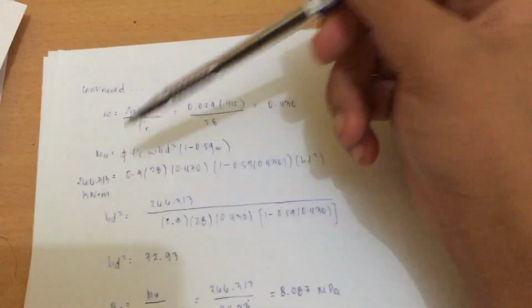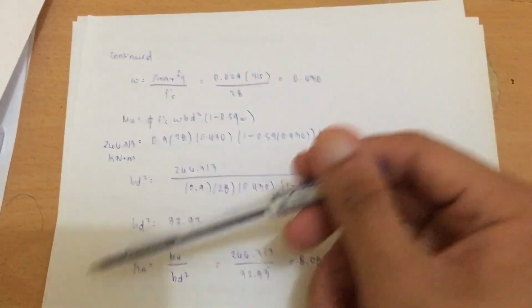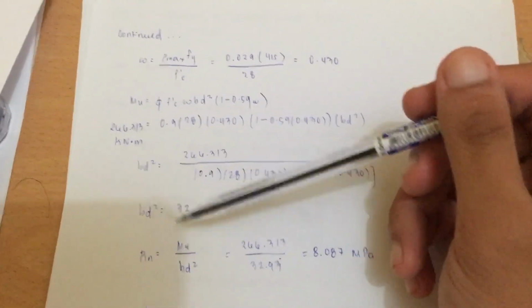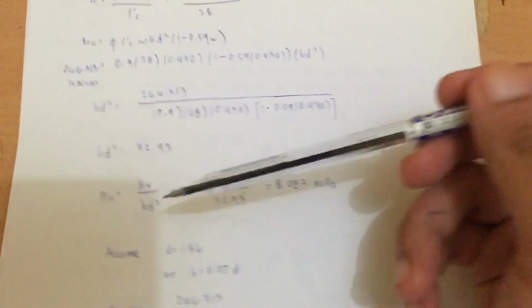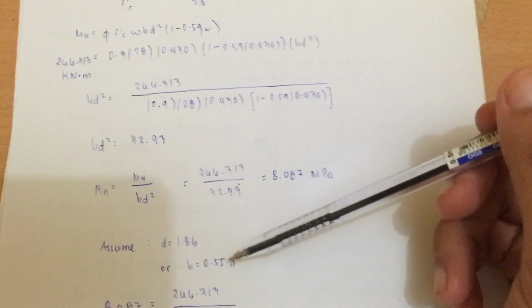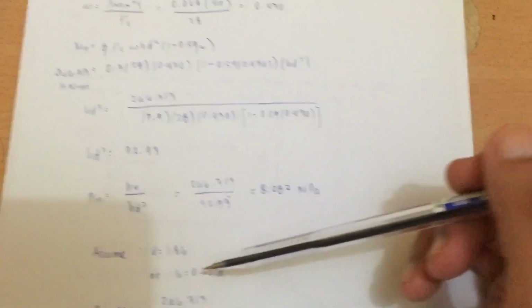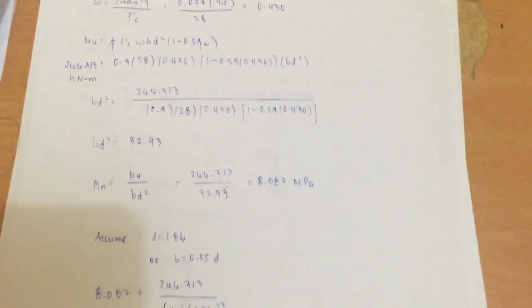And we get the value of our BD squared as 32.93. Now with this value, we're able to assume that D is equal to 1.8B, or let's just say B is 0.55D, in order for you to get the least dimensions of your concrete beam.